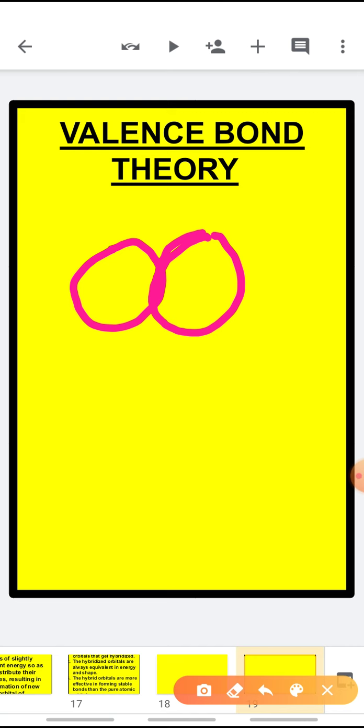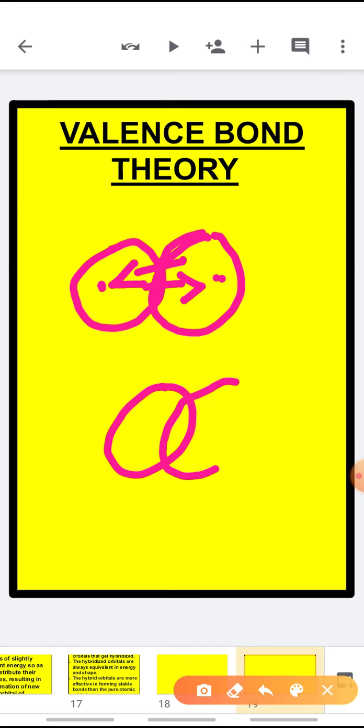Partial penetration means this atom goes inside that atom a little bit, and that atom goes inside this atom a little bit. That means overlapping takes place. This partial merging of atomic orbitals is called the overlapping of atomic orbitals, which results in the pairing of electrons. You all know hydrogen has one electron, and the other hydrogen also has one electron.